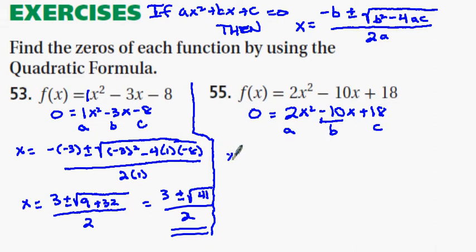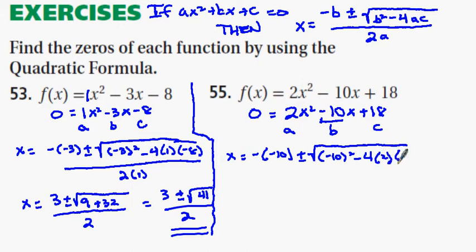So we have x equals negative 10 plus or minus the square root of negative 10 squared minus 4 times a times c, all over 2a, which is 2 times 2.